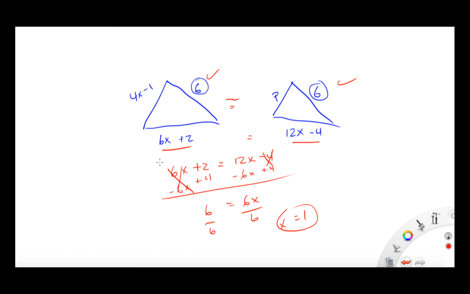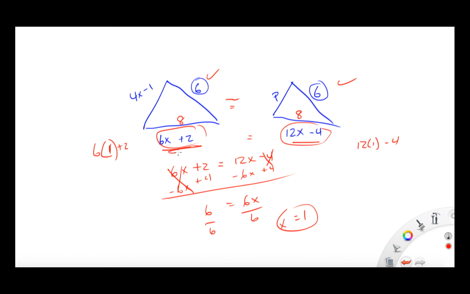Okay, so when we put the number 1 into this equation, so 6 times x, which is 1, plus 2, 6 times 1 is 6 plus 2, we know that that value is 8. Does it work over here? Let's see. We know that x is 1, so 12 times 1 minus 4. Well, 12 minus 4 is 8.